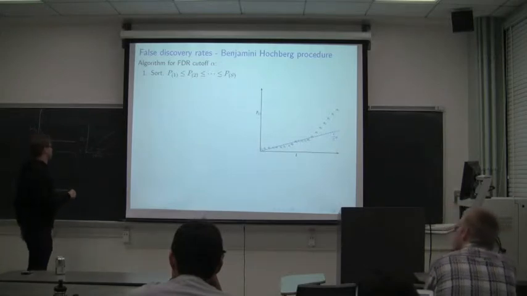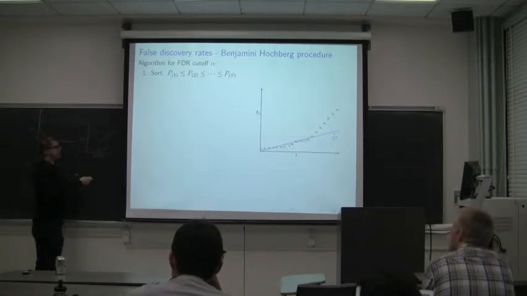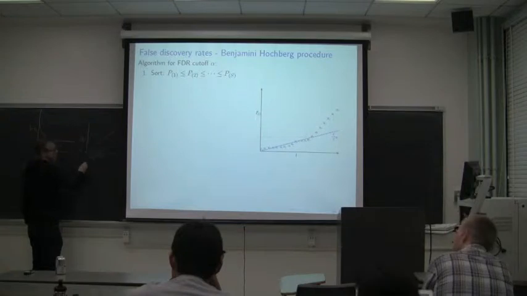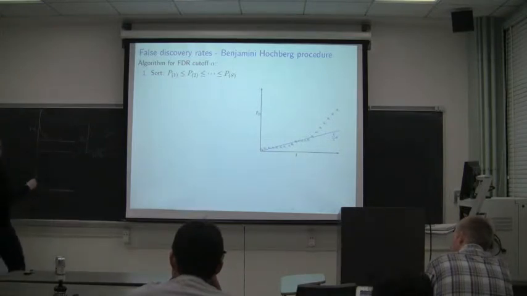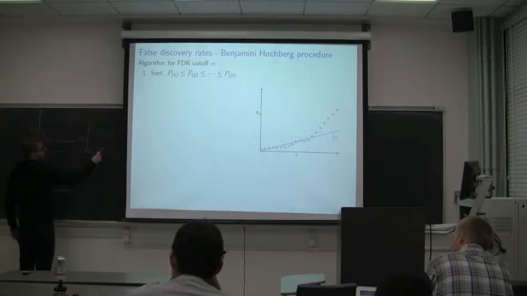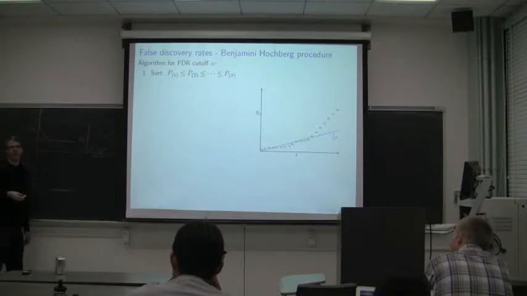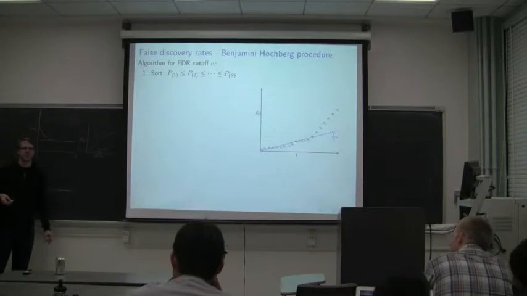And I know how many discoveries I have here, and that is basically the rank, right? That's the number of p-values that are smaller than this one. So by taking this estimate of the number of false discoveries and my observed number of discoveries, I can get an estimate of the false discovery rate at this threshold. That's the idea behind the false discovery rate control.